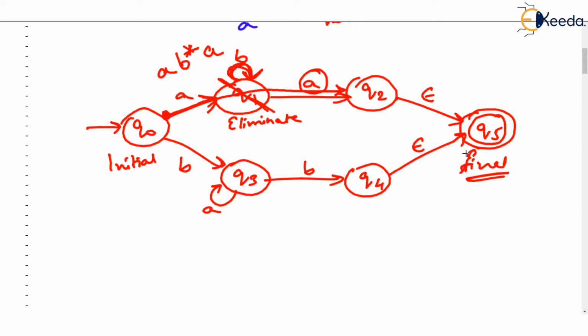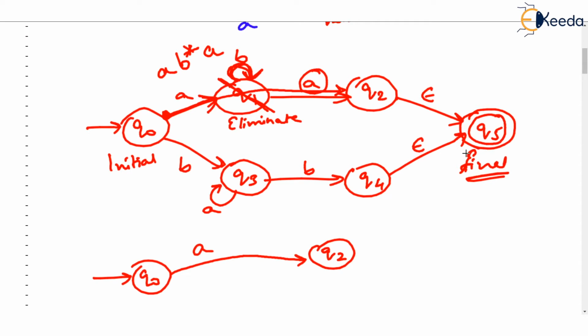Please try to understand, if you eliminate Q1, then the path which will take us to Q2 will be A, which was already there, and then the loop here for B, that is B star, and this A, which leads us to Q2.